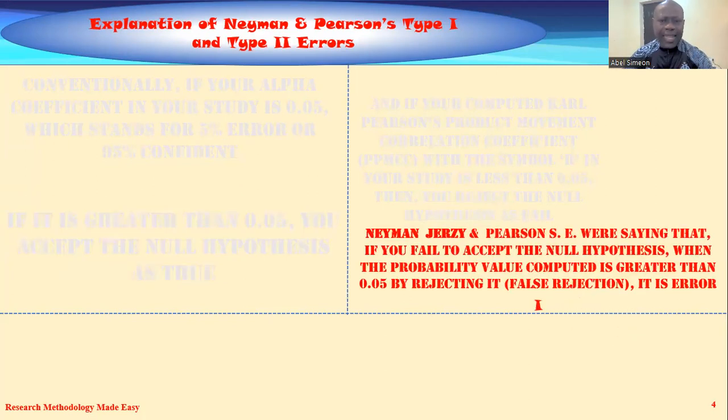Now, Neyman and Pearson are saying that you are supposed to accept the null hypothesis if the p-value is greater than 0.05, but you went ahead to reject it. This rejection, they call false rejection, type 1 error.